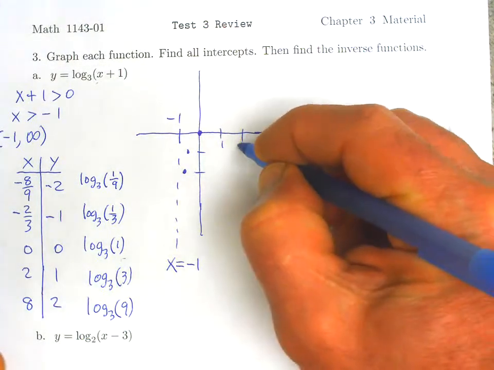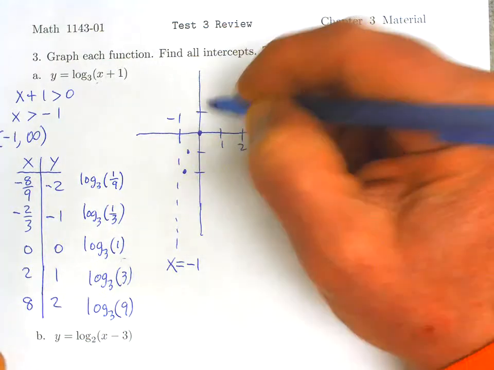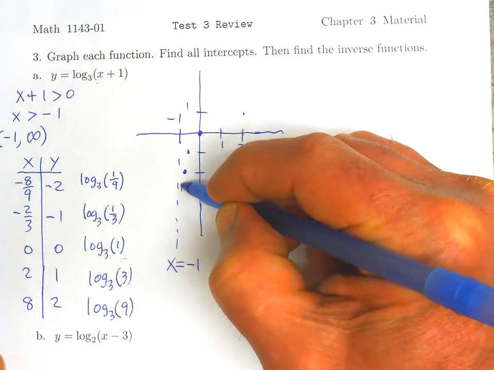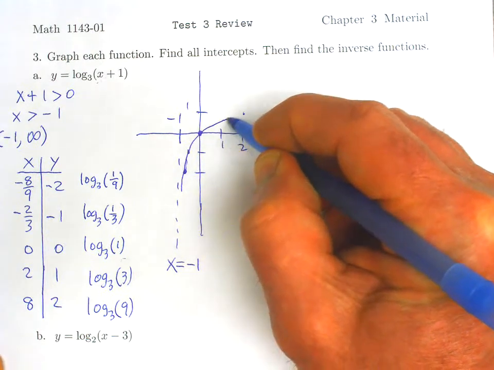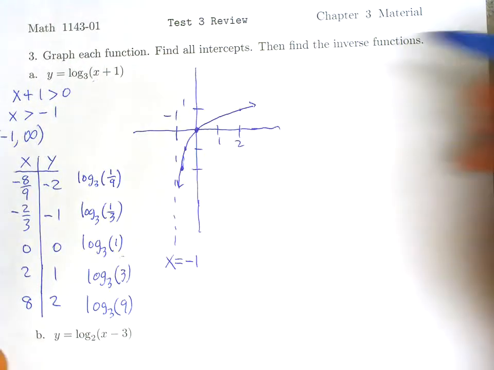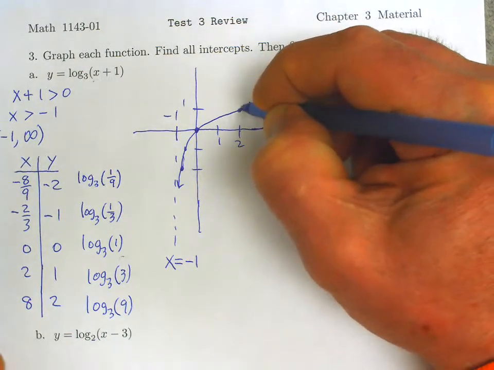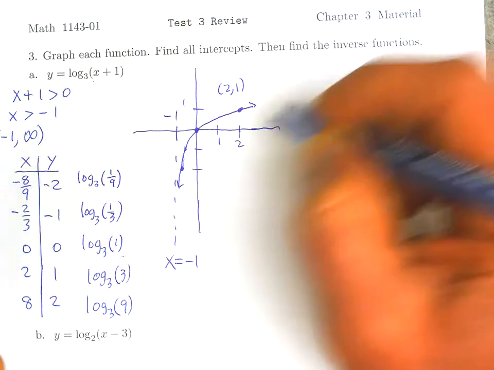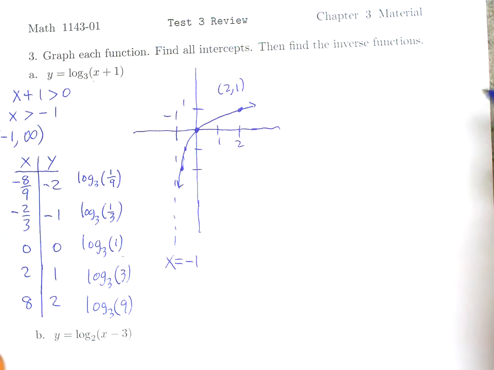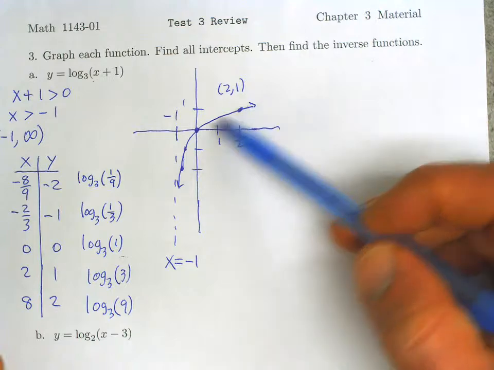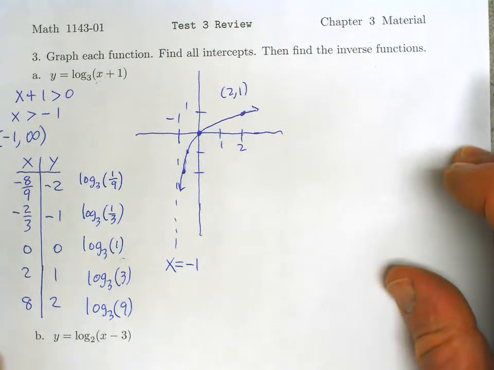When x is 2, the output is 1. So this is not too bad of a graph. So I'll label those points. That one's 2, 1, 0, 0. Yeah, that's pretty good. Now let's find the inverse.